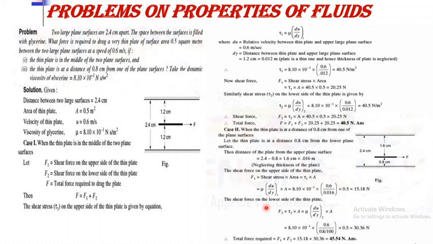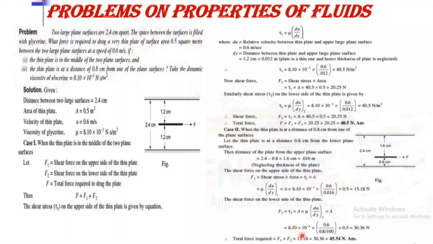Then the shear force on the lower side of the thin plate. Again here we are directly calculating the force on the bottom part, that is F2 is equal to stress into area, and stress is calculated by Newton's law of viscosity. So that is mu into du by dy 2 into area of thin plate.